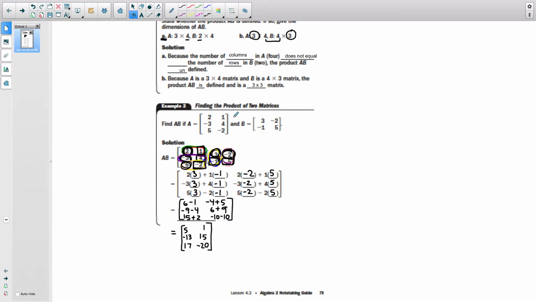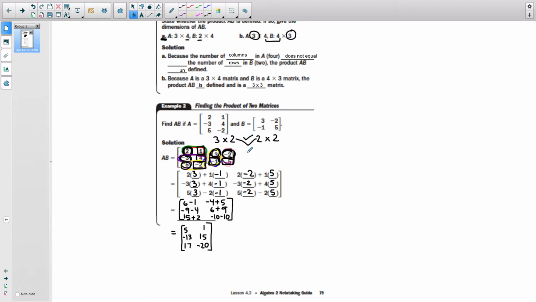So A is a 3 row by 2 column matrix. And then matrix B is a 2 row by 2 column matrix. All right, so again, these two numbers in the middle match.